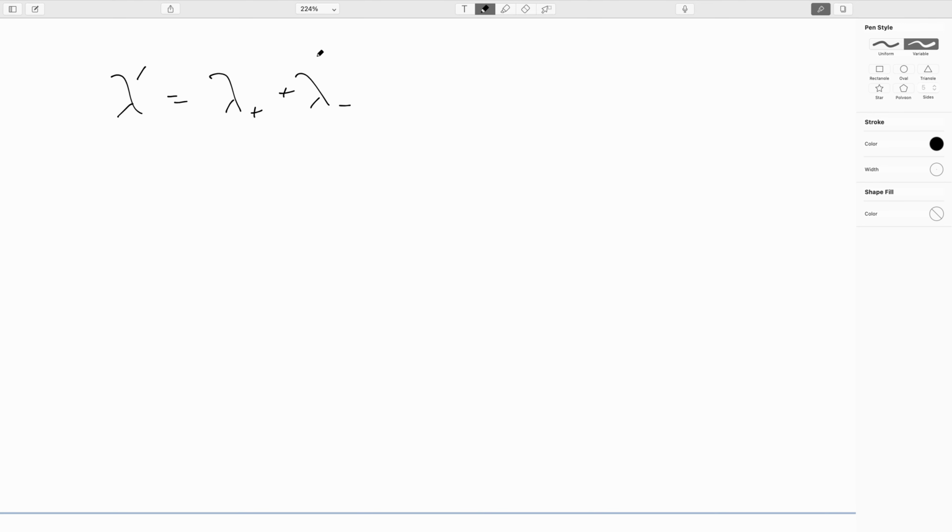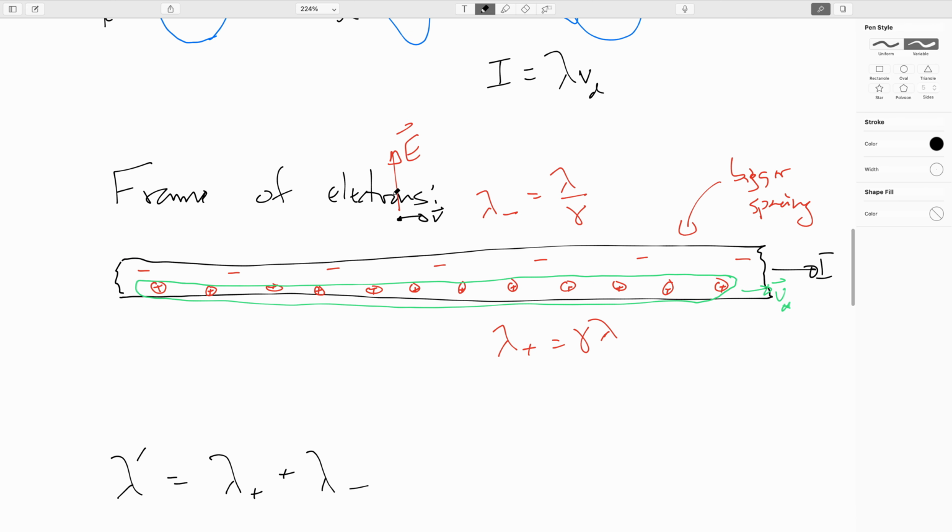Since this is a negative quantity, putting in what we observed, this is going to be lambda plus lambda minus. So putting in what we observed before, this is lambda times gamma minus 1 over gamma. Let me put in this minus sign right here to help keep that straight.